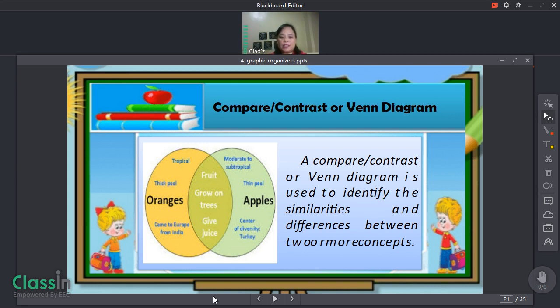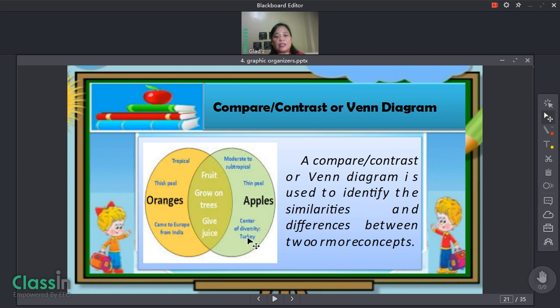Like for this example, this part which overlaps with each other, the middle part, what you are going to write here is the similarities of two things or two objects. And for the both sides, you are going to write the differences of the two things.